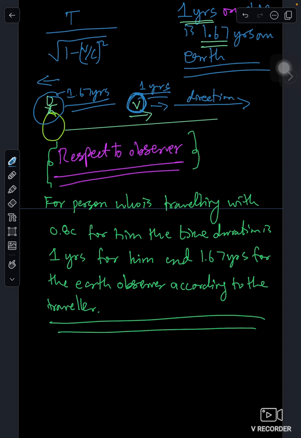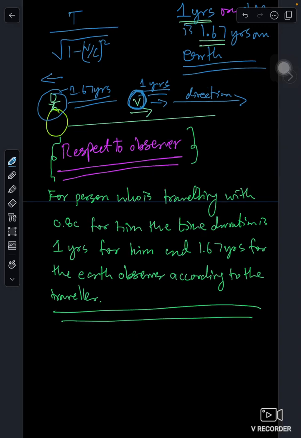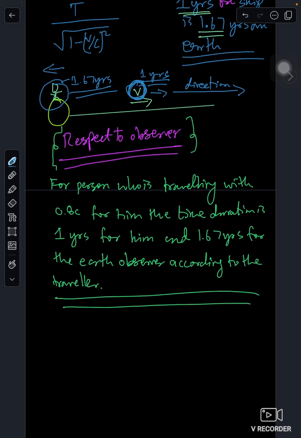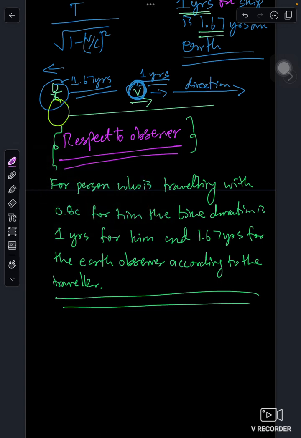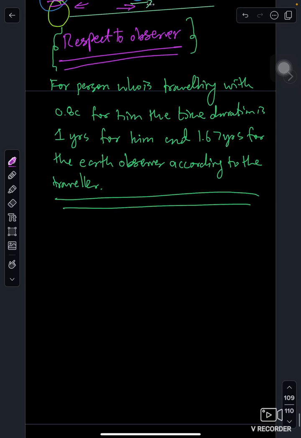For the traveler, he is moving but stationary relative to his own ship, so the Earth person is going away.